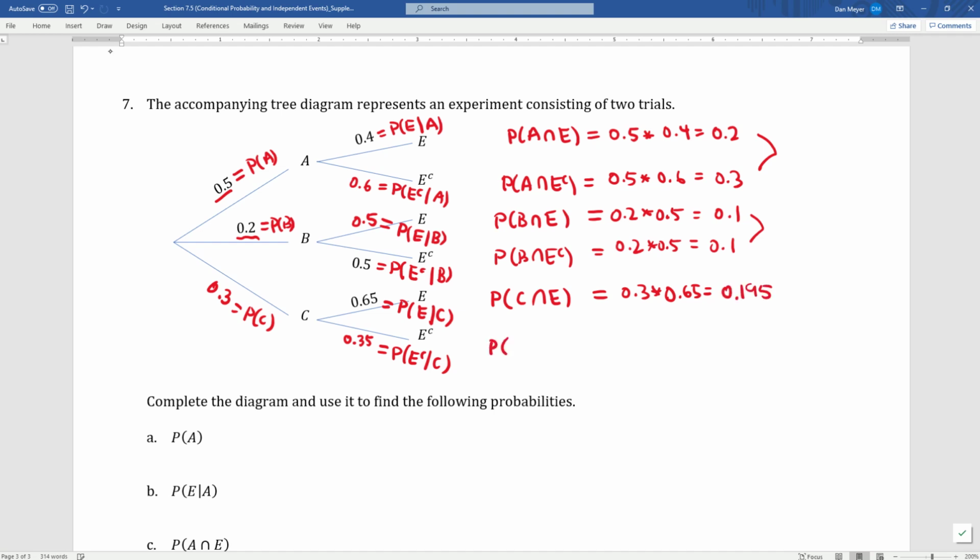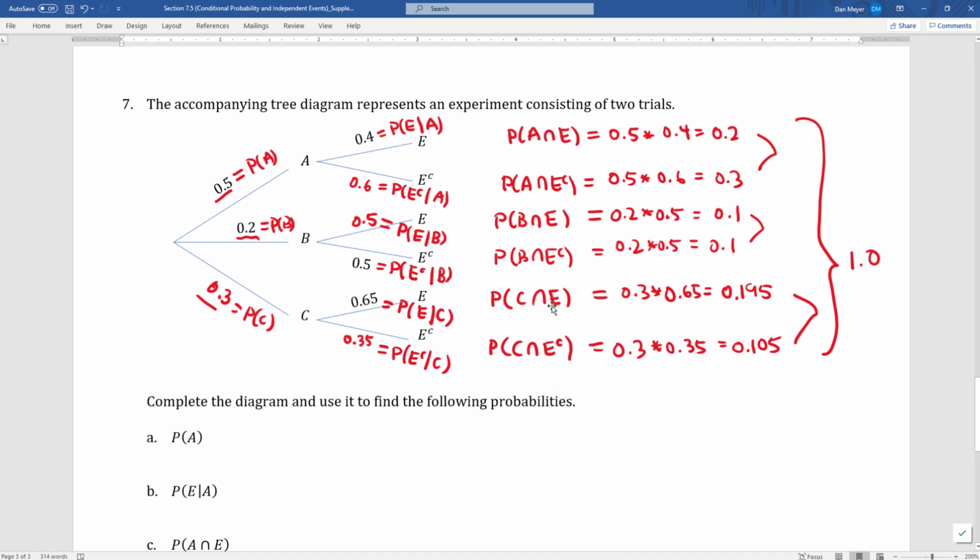And finally, the probability of C and E complement will be 0.3 times 0.35. And that'll be 0.105. Again, these values are going to add up to 0.3, and then all of these values should add up to 1 when you add them up. And you can check that they do.